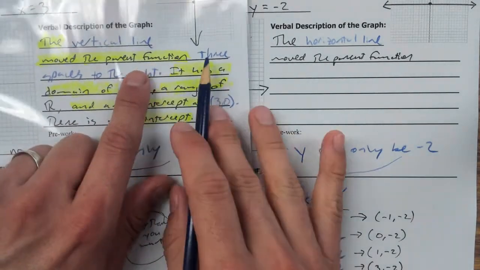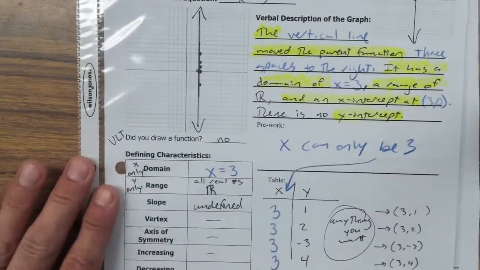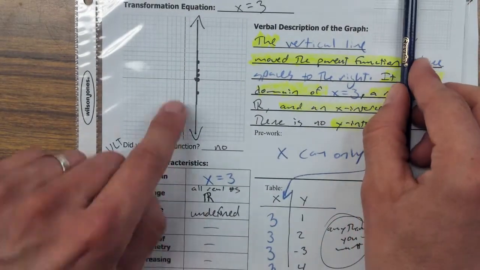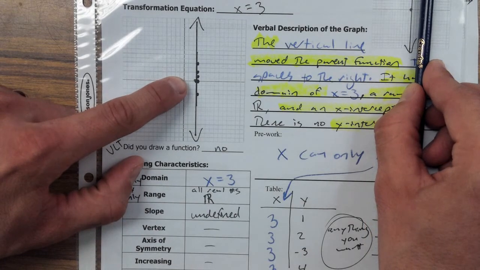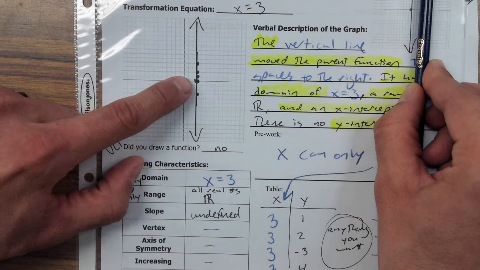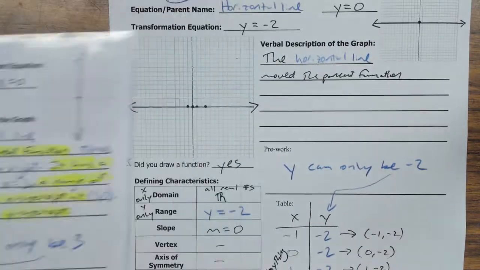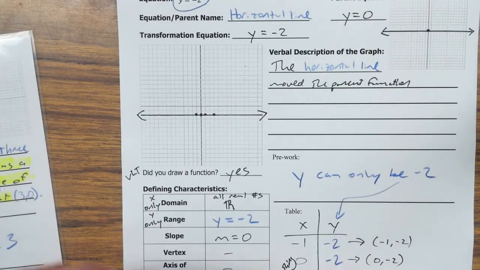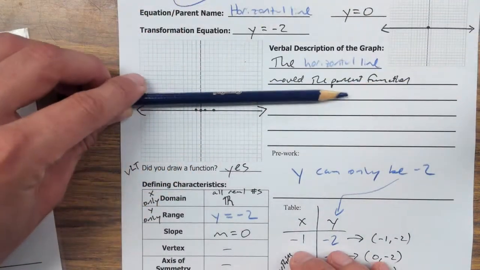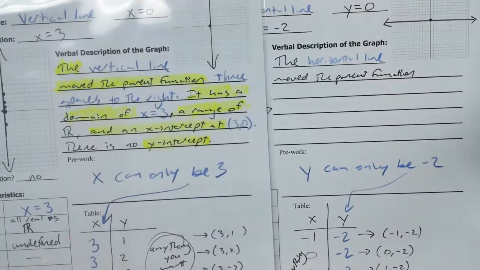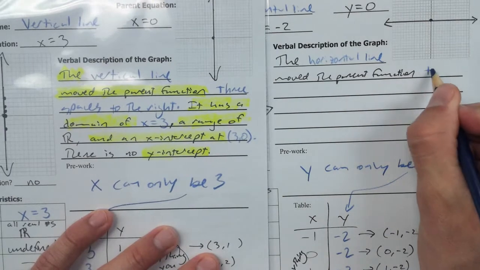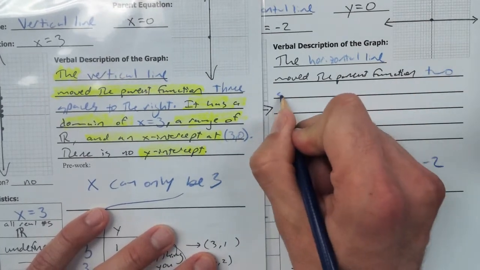For FC1 it moved it 3 spaces to the right. If you look at the parent function, it slid over 3 spaces to the right, from 0 to 3. So in our problem here, it's going from our 0 down to -2, so it's going to move the parent function 2 spaces down.